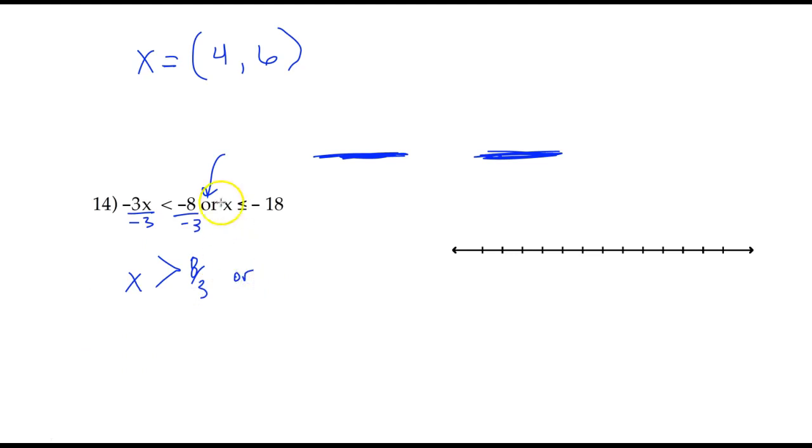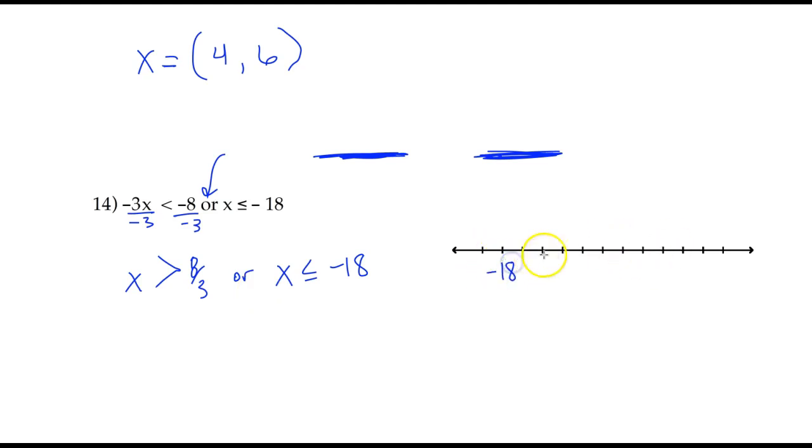Okay? So we write our word or, and or means that I can pick from either here or here, and there's not anything to do with this one, so I just pick it as is. So we're saying that my x values either have to be greater than 8/3 or they have to be smaller than or equal to -18.